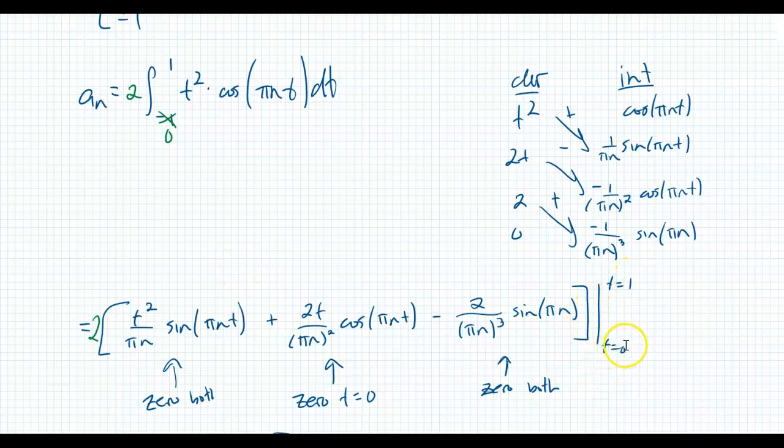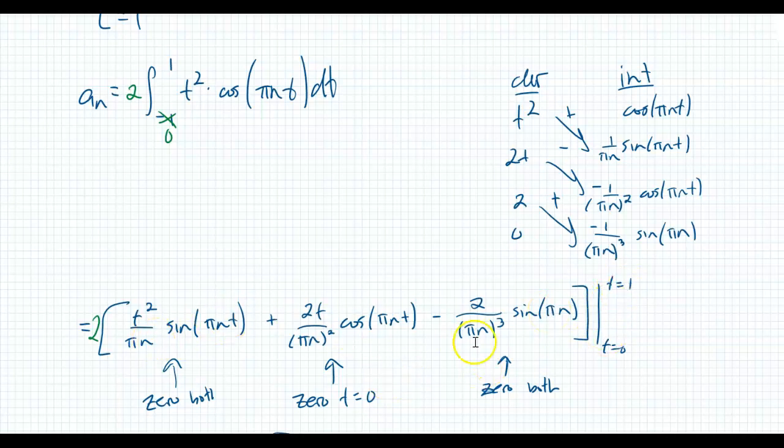So let's do the t equals 0. You should know that all of the sines, because I do sine of pi n t. When I plug in t equals 1, I get sine of pi, which is 0. When I plug in t equals 0, I get sine of 0, which is also 0. So that one is 0 at both of these.